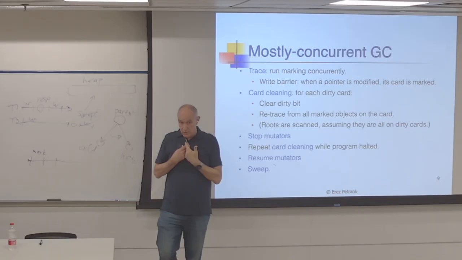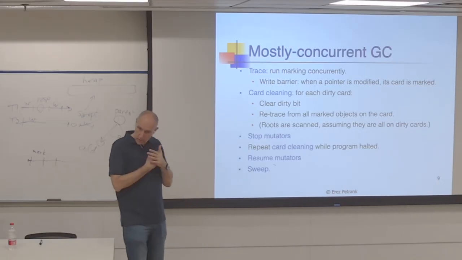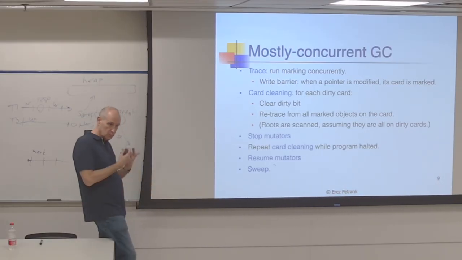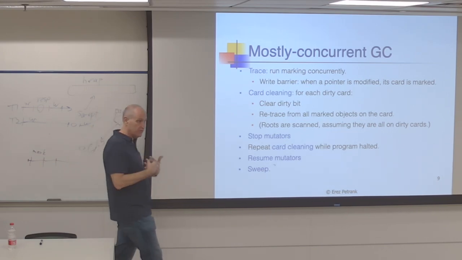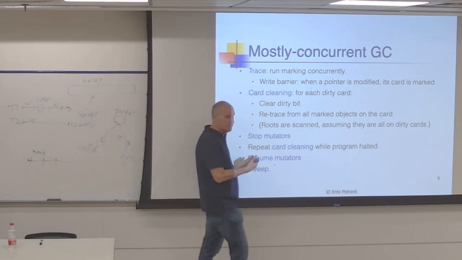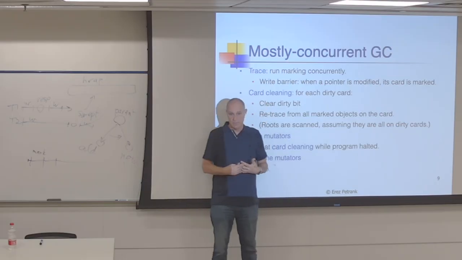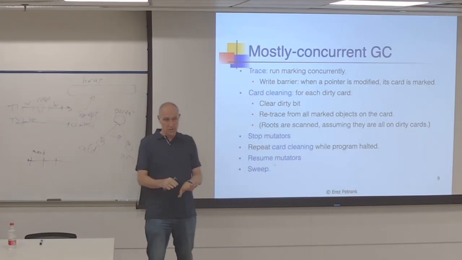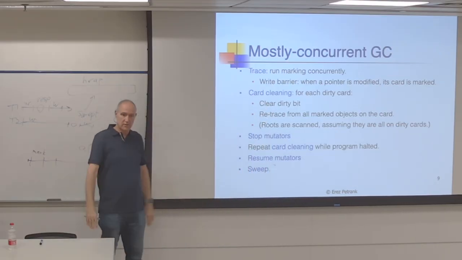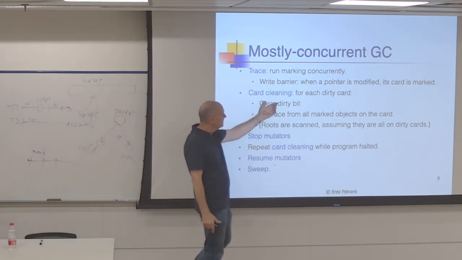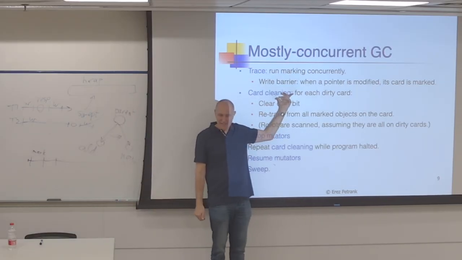I look at all the dirty cards, and whenever I see a pointer that was traversed previously, I traverse it again. I check the child again. So all marked objects, I go and check their children again. So what's the problem with that?